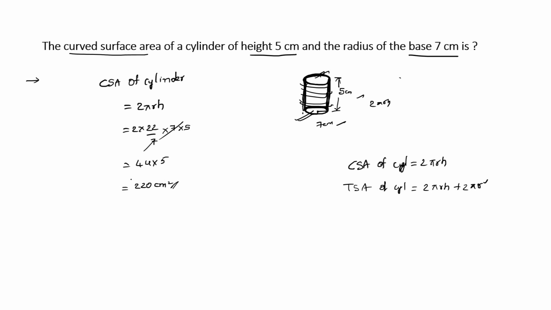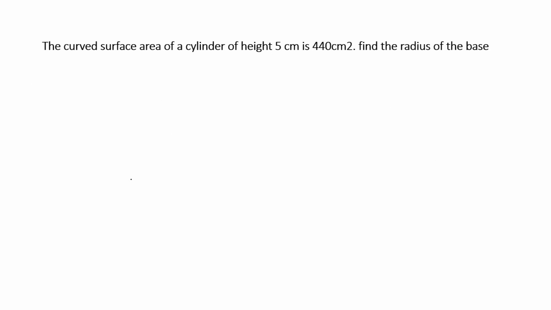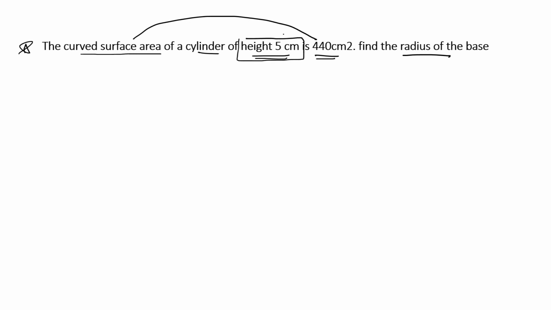Now a similar kind of question. See, a similar type of question: the curved surface area of cylinder of height 5 centimeter is 440 centimeter square and it is asking to find the radius of base. Curved surface area is given as 440, height is given as 5 centimeter and it is asking to find radius.